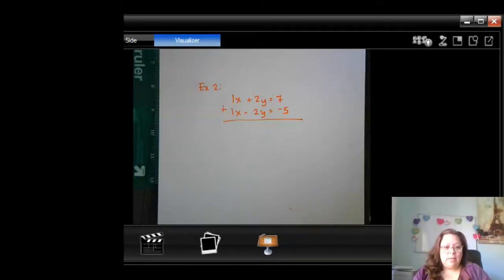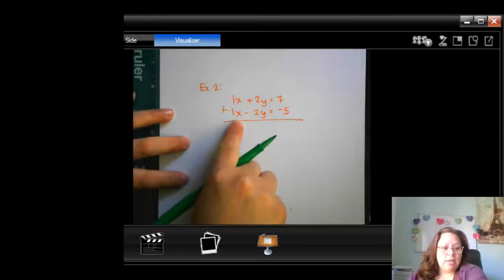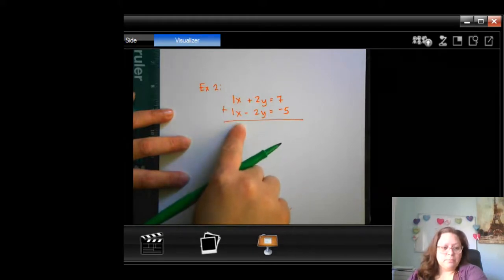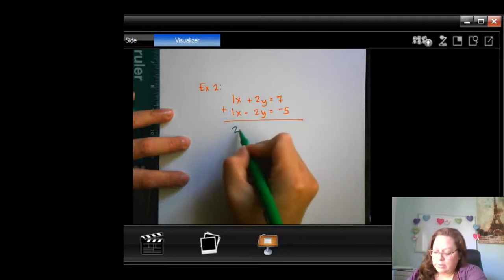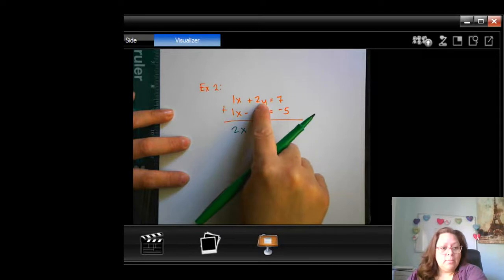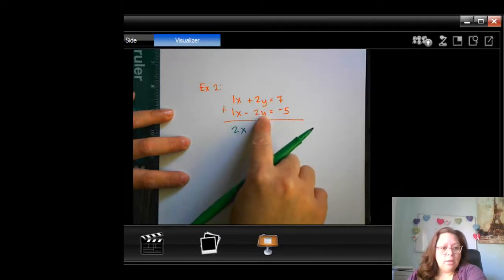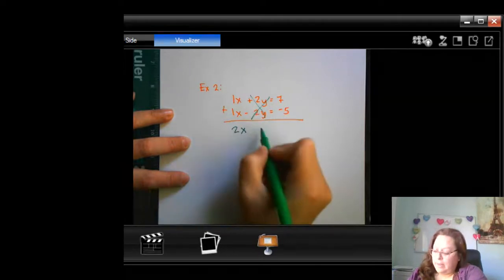That means you're combining them. Look carefully. Which one could you eliminate? Could you eliminate these two? Or is this going to be added to make a number? 1x plus 1x will give me 2x. 2y positive minus 2y gives me a 0. So this gets eliminated.